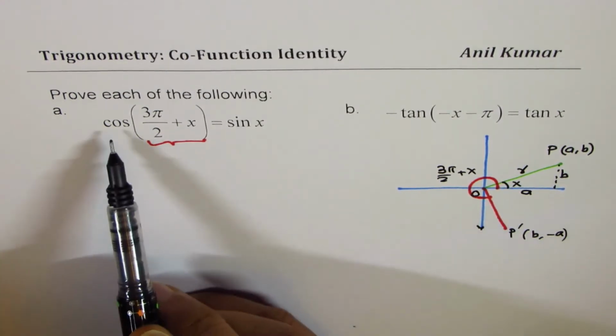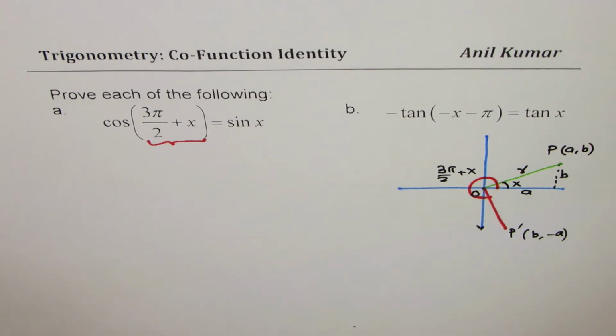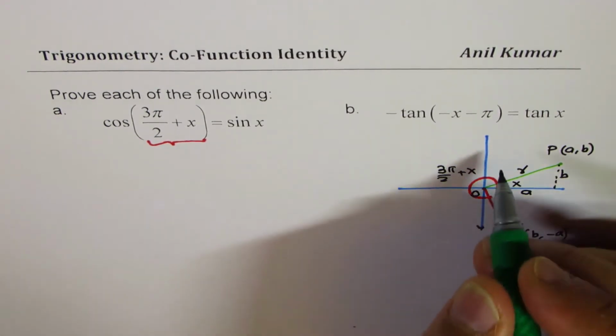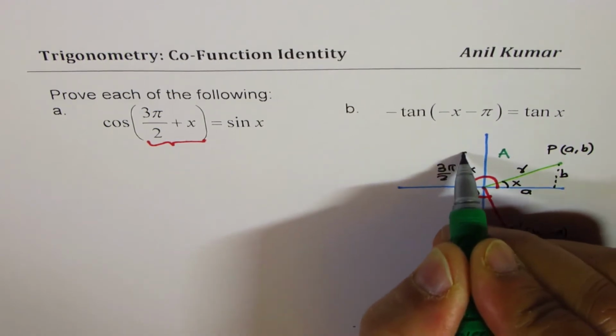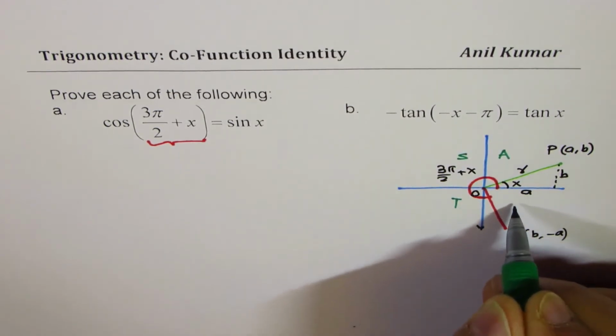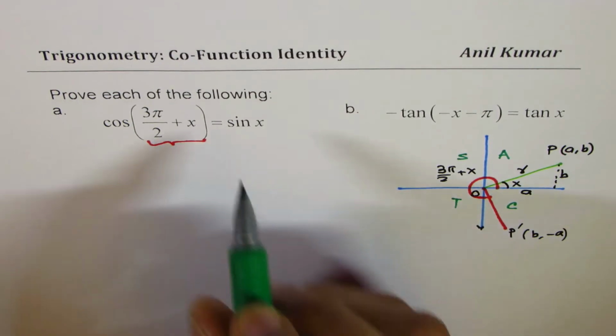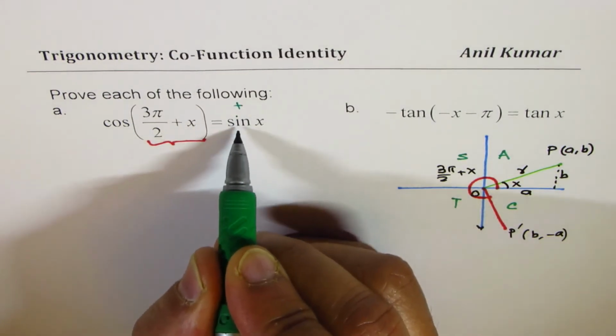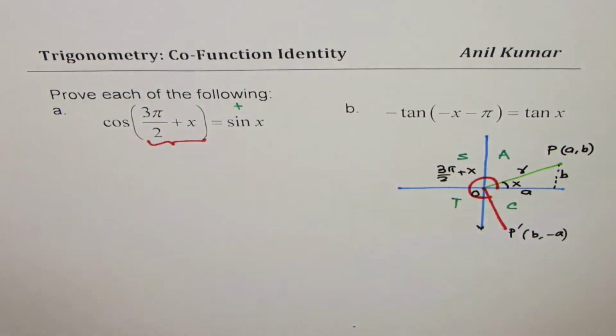In quadrant 4, cos is positive, right? We know the cos rule. That is to say, all are positive in quadrant 1, sin in 2, tan in 3, and cos in 4. And therefore, we got a positive result. So, that is one way to explain.